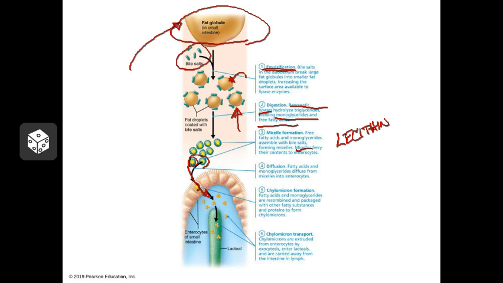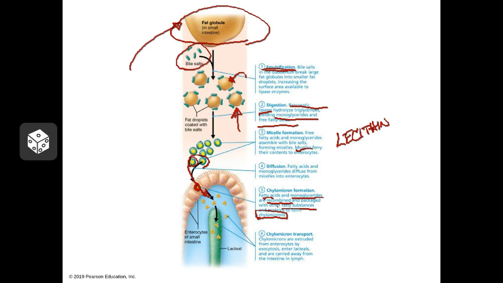Now, once they go into the enterocytes, the bile salts and lecithin are removed, and you have free fatty acids and monoglycerides that are in the cell. Well, they are put back together, and they are packaged with other fatty substances and some proteins to form what are called chylomicrons.